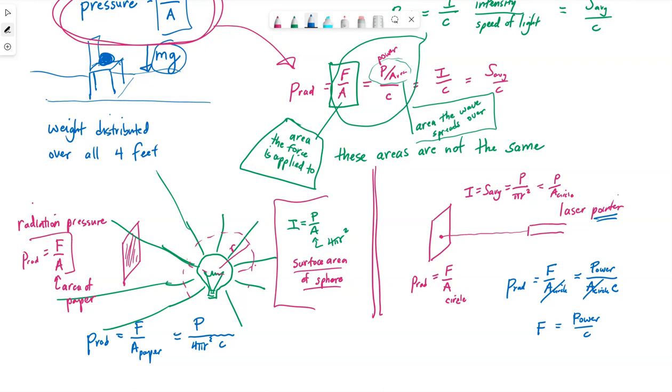I'm just bringing this portion to power per area and then C. The 4 pi r squared would represent the area that the light or radiation from the light bulb spreads over. So if the wave spreads over a larger area than what we're talking about the force on, those areas are different. So I'm going to do a couple of example problems in separate videos so you can see how to use these equations.